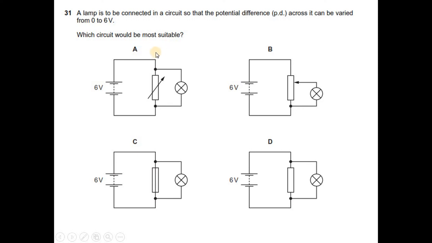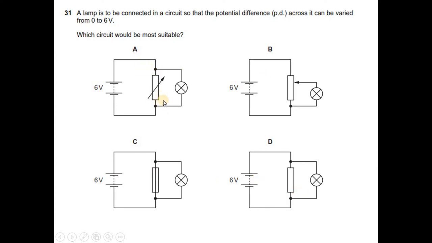If you see the options A, B, C and D, you don't waste time on C and D, because in C and D the voltage of the bulb cannot be changed since we are using a constant or fixed resistor. No matter what you do, voltage cannot be changed in D as well as in C. So C and D options are gone. You only need to think about A and B.